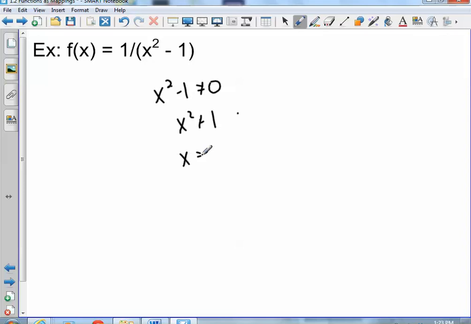If you take the square root, what do you add along with that? Okay, so my domain is the set of all x's such that x cannot equal plus or minus 1. Or you could say x cannot equal 1 or negative 1. That would be fine. You don't have to write them together. Alright, is that one okay? One more.